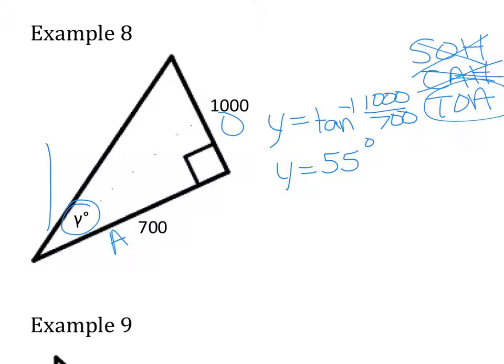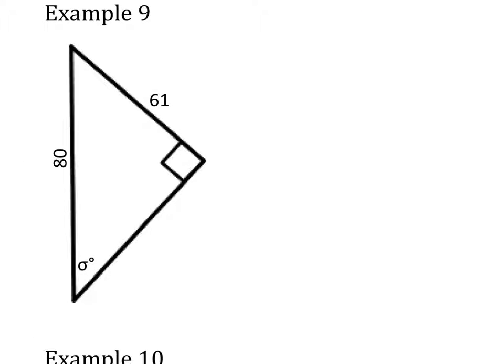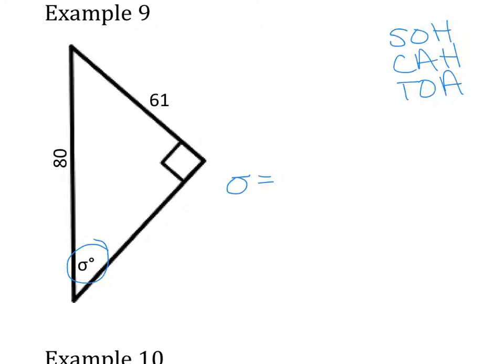All right, let's move on to example 9. My reference angle is gamma, I believe. So I know I'm going to have gamma equals, because I'm finding another angle. Let me put down my acronym here. I do have a number across from gamma, so that's opposite.